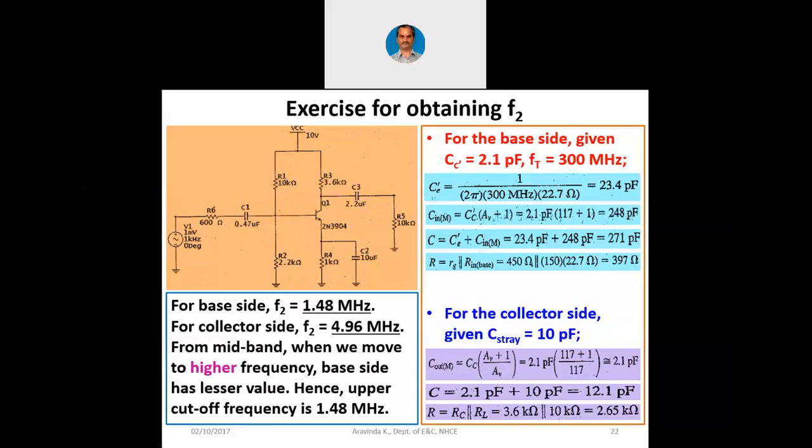As far as the lower cutoff frequency is concerned, we can always ignore it because it is hardly a few hertz or few kilohertz. We are always working with the radio frequency bands nowadays for all our communication applications. So in such a case, the value of the upper cutoff frequency becomes really very critical.